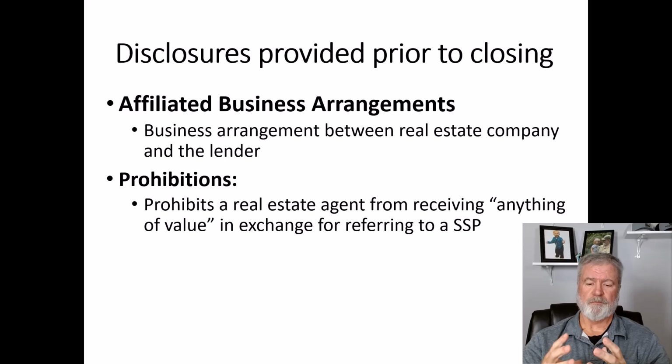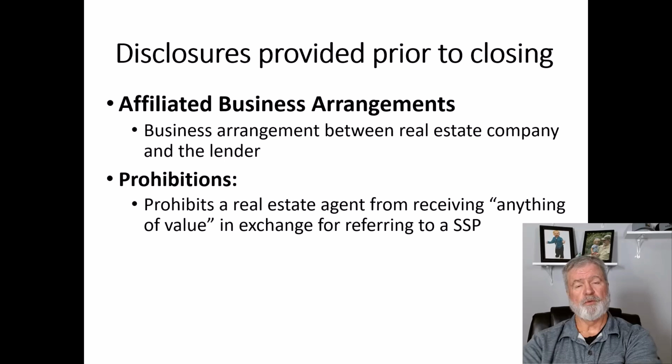What you'll hear a lot of times is agents will tell buyers, if you're looking for a lender, we actually have an in-house lender, and we'd be glad to set you up with them if that's something you would like to do. That's fine as long as you tell that buyer, if you use our in-house lender, we do have an affiliated business arrangement with that lender, so some portion of the profits from the loan will also go to the real estate company.